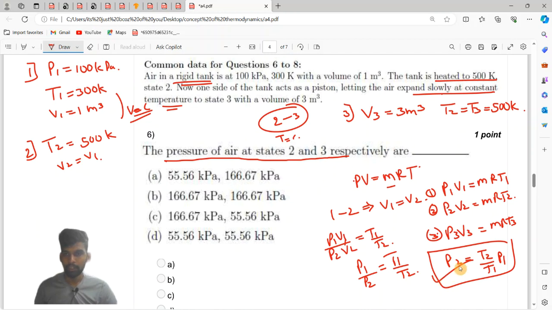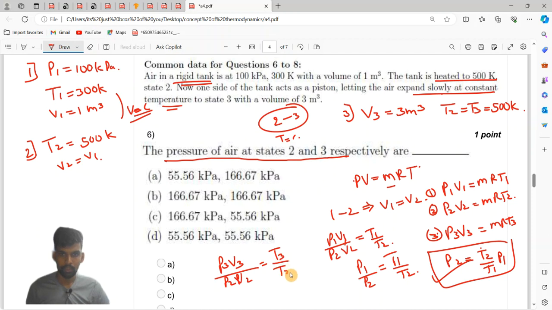From here we will get P2 because we know T2, T1 and P1. Then at state 3, we can again take a ratio, P3 V3 over P2 V2 is T3 by T2. T3 and T2 will be equal because it is isothermal.